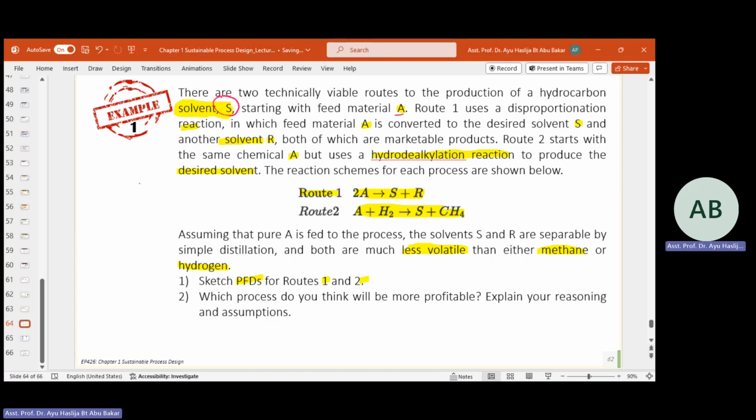Now, route 1 uses a disproportionation method in which feed material A is converted to the desired solvent S and another solvent R. Okay, route 1. This is the feed. This is the main product. R is the byproduct.